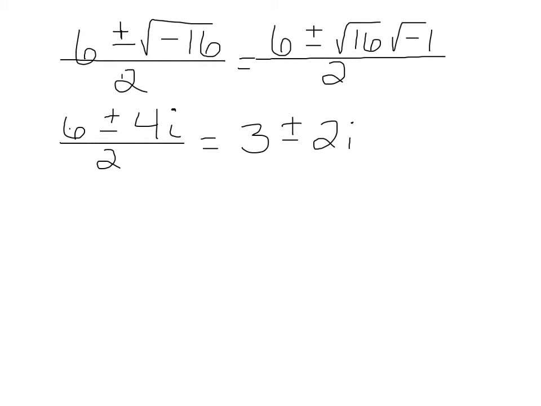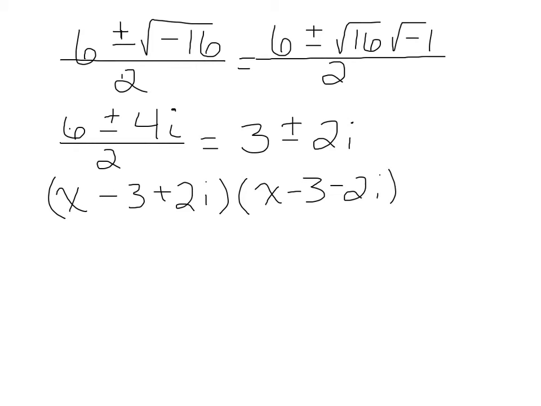Now if this is the answer, that means it's a root, it's a 0. And to write the factor, you always write x minus your root. So x minus (3 plus 2i), and your other factor would be x minus (3 minus 2i).